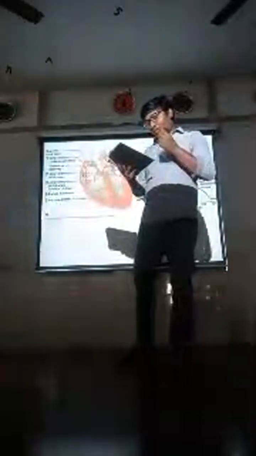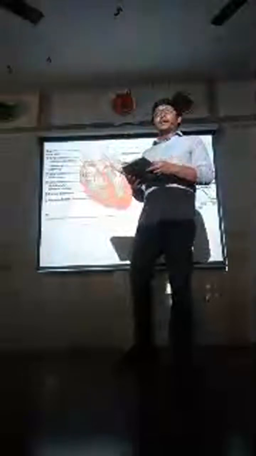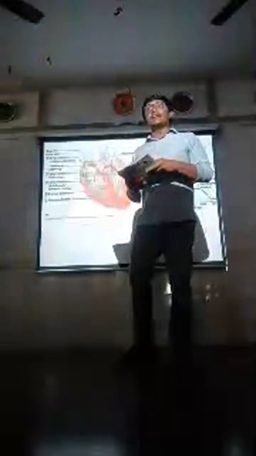Now, what is this bundle? It begins at the atrioventricular node, crosses the AV ring and descends along the posterior inferior border, on the posterior side of the heart.